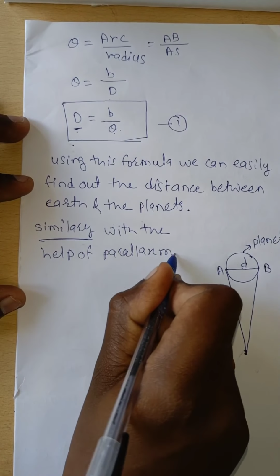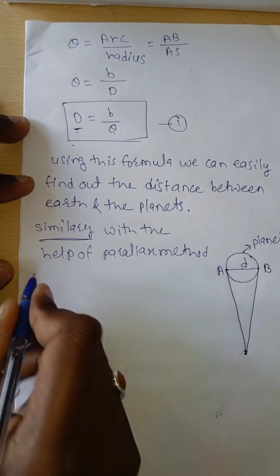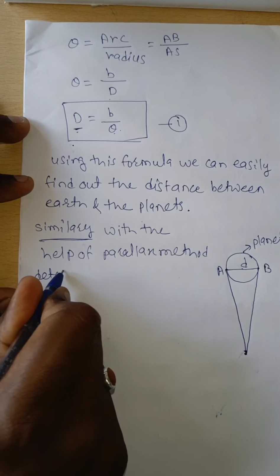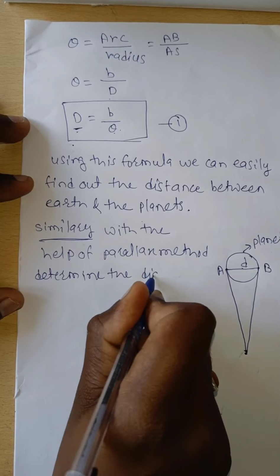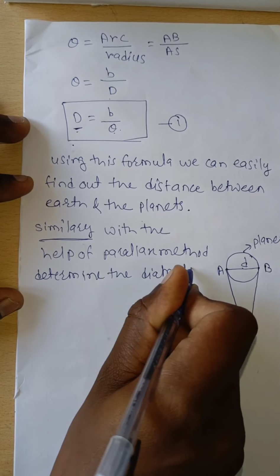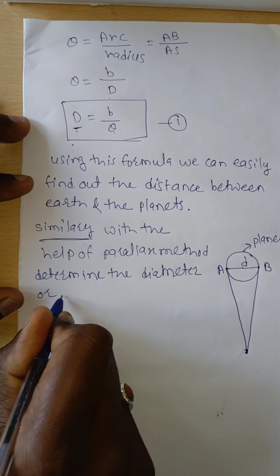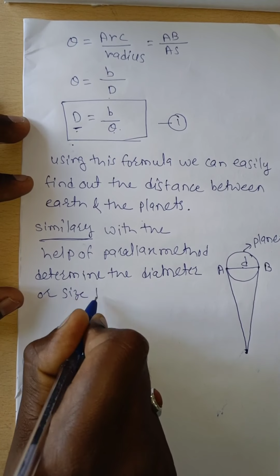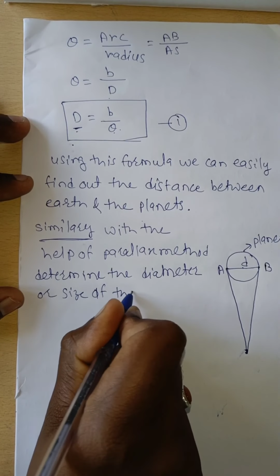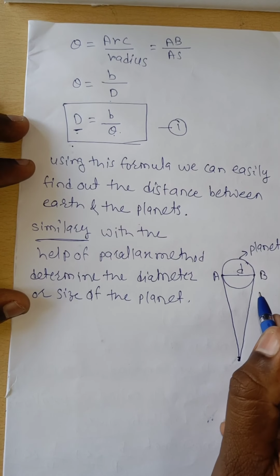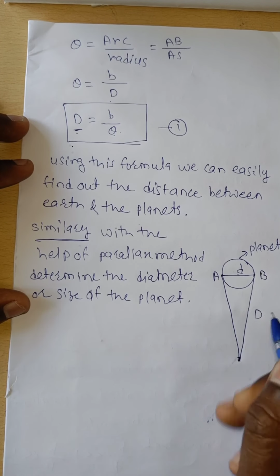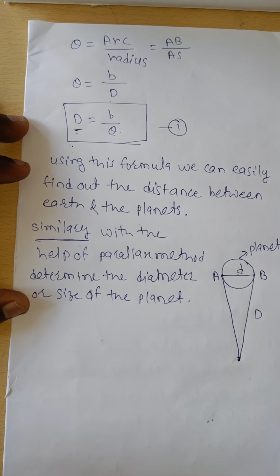The planet is at a distance D from the earth's surface.